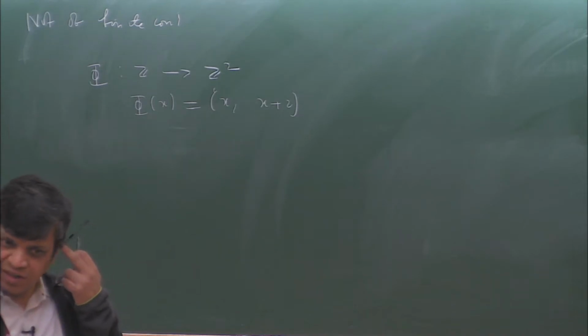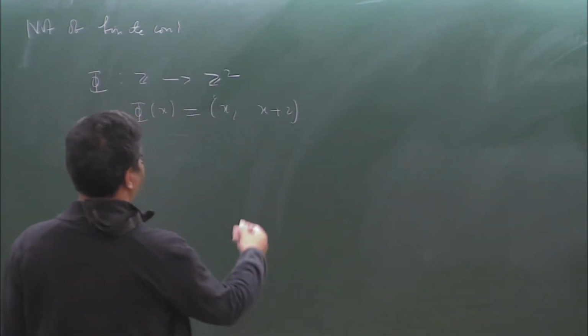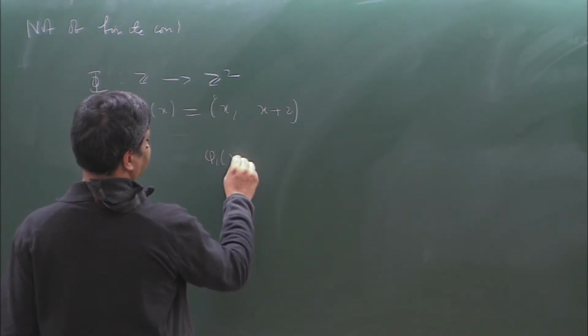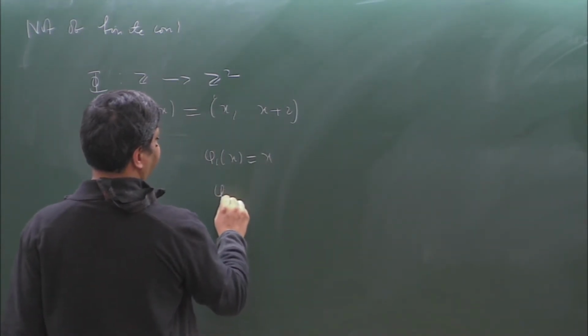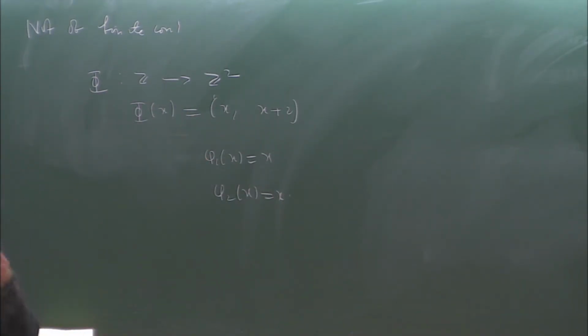This is not of finite complexity, because here phi_1 of x is equal to x, and phi_2 of x is also equal to x, since I only have to worry about the linear part.